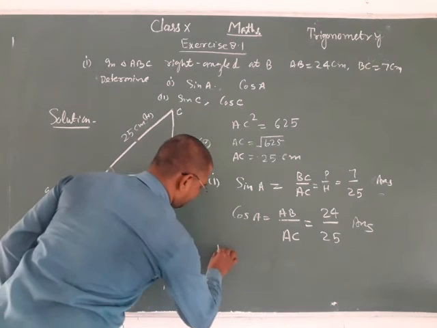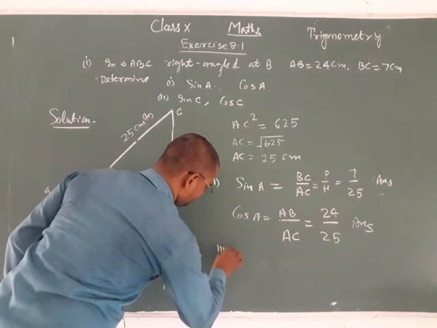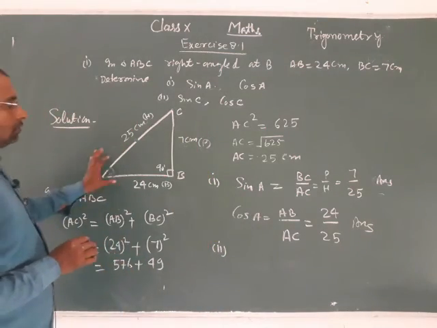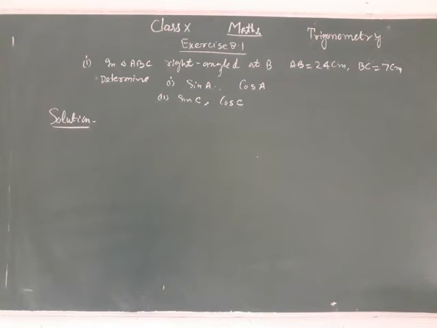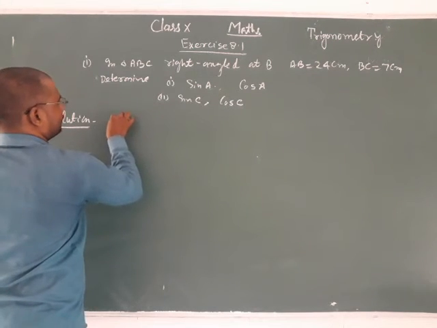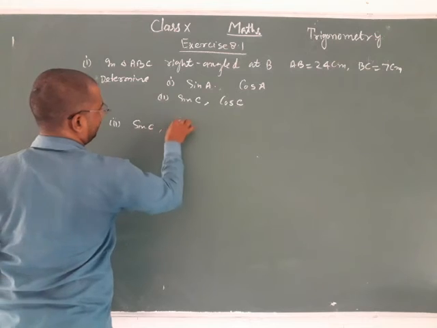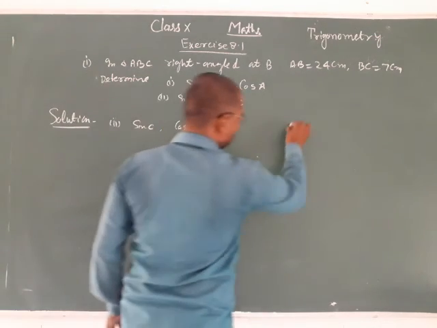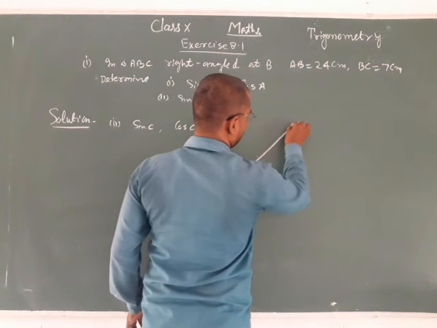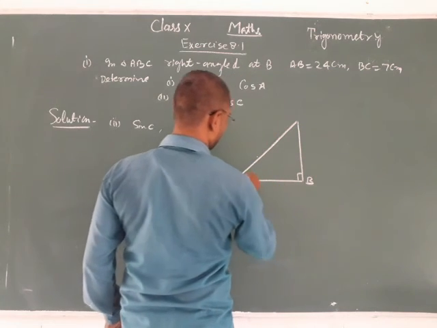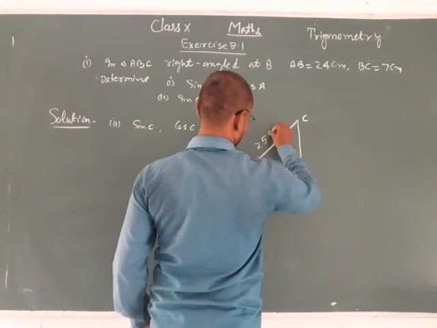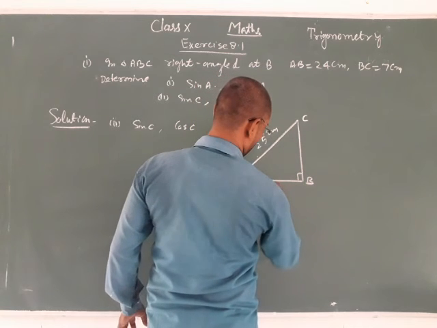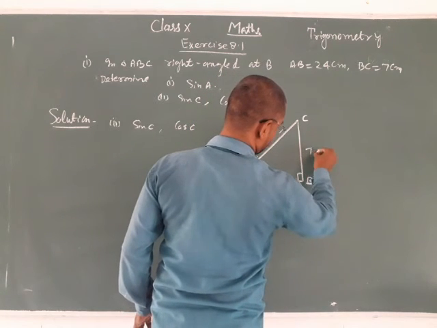Now the second part: sin C and cos C. In the given figure, we have B, A and C, with 25 centimeter, 24 centimeter and 7 centimeter.